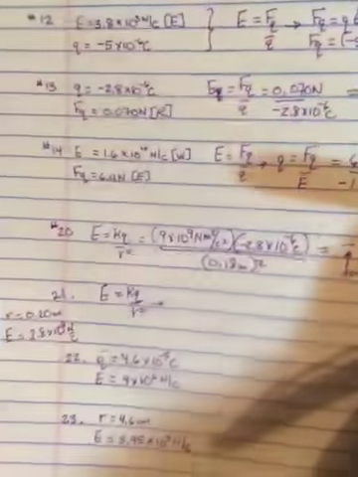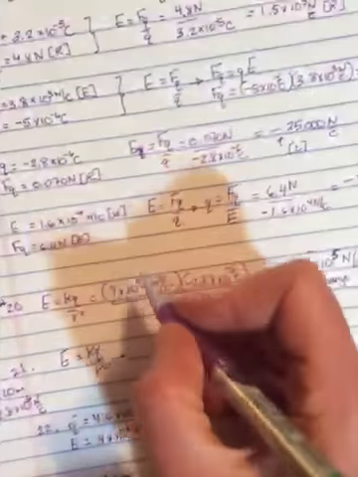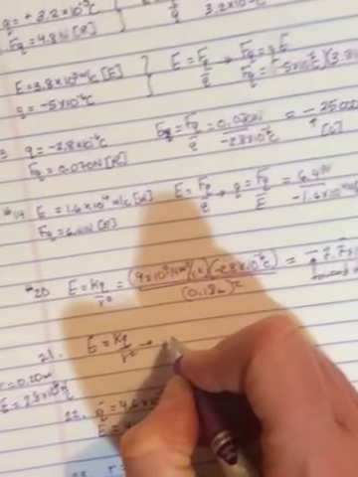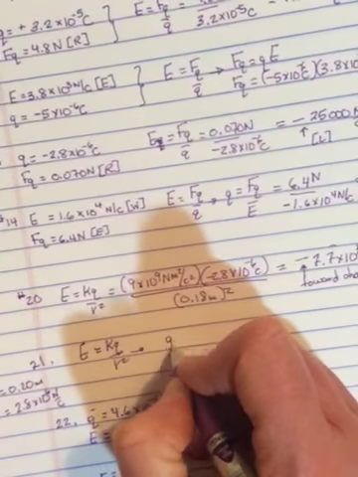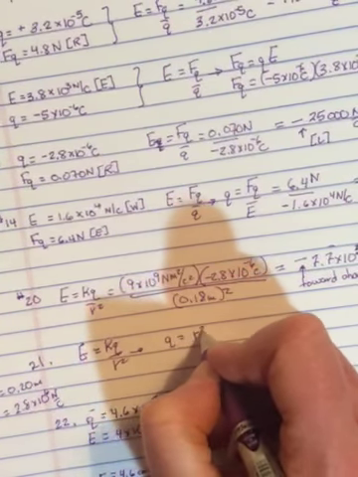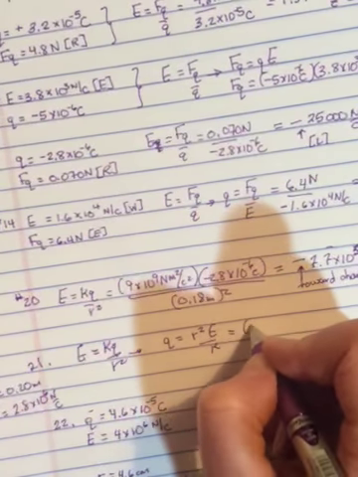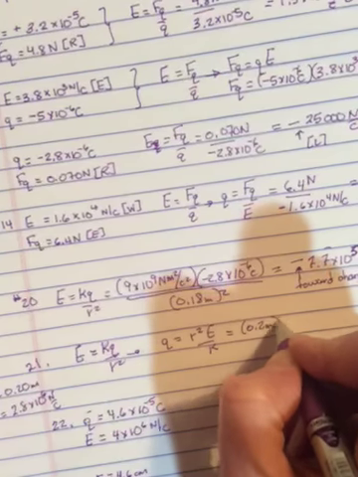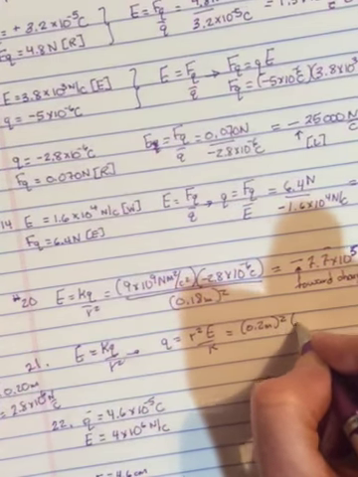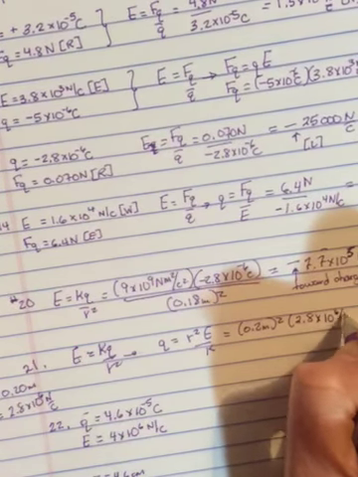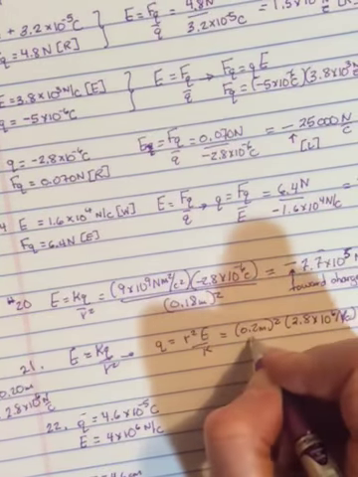Okay, so where we left off was on number 21. You were solving for Q. So it'll be R squared times E over K. So 0.2 meters squared, E was 2.8 times 10 to the 6th newtons per coulomb.